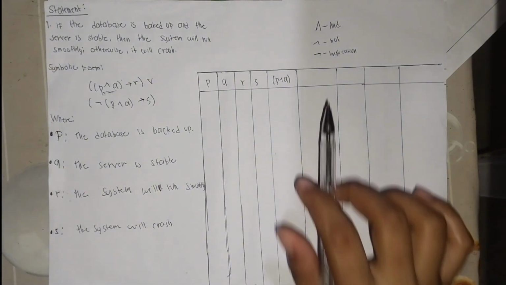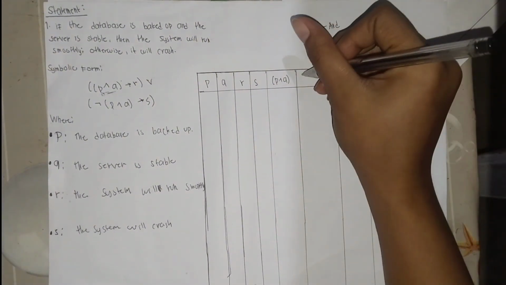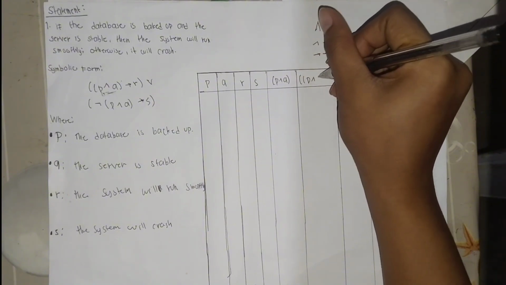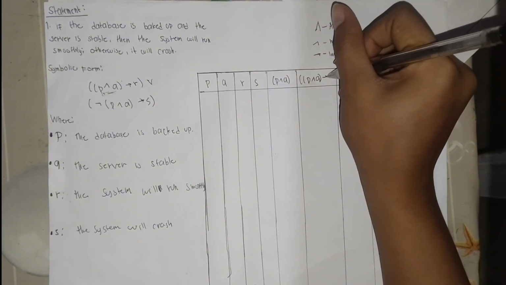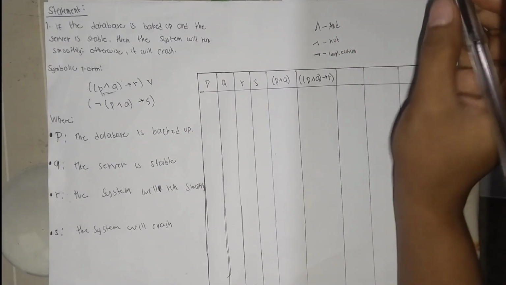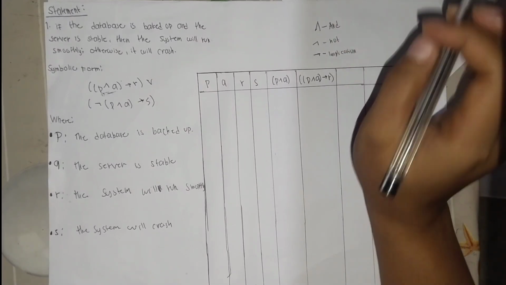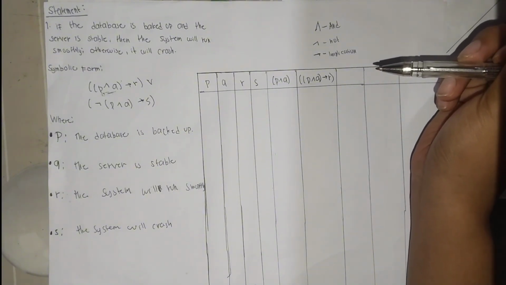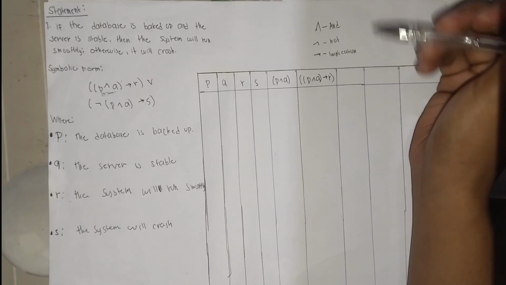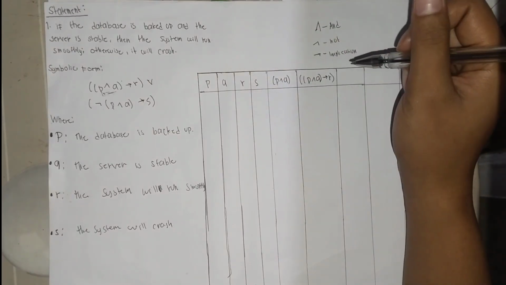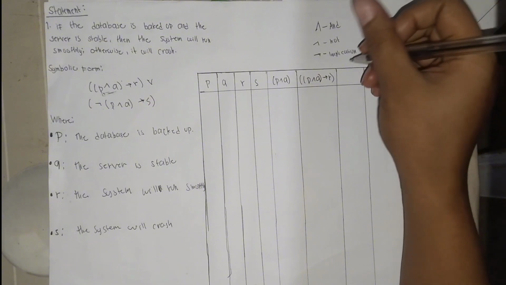Column 3 is if P and Q, then R. Remember, it's only false when P and Q is true and R is false.